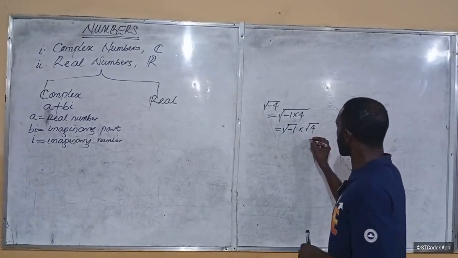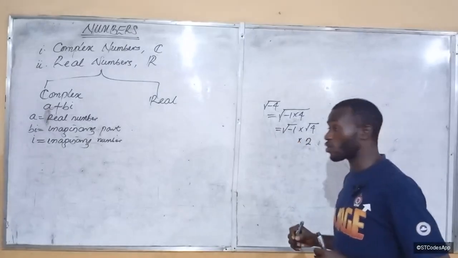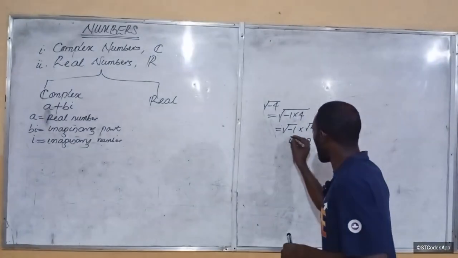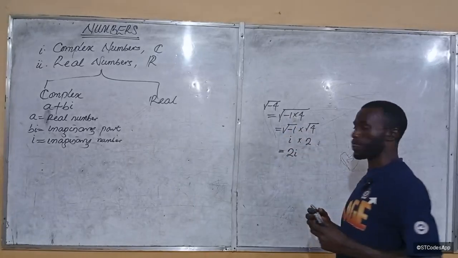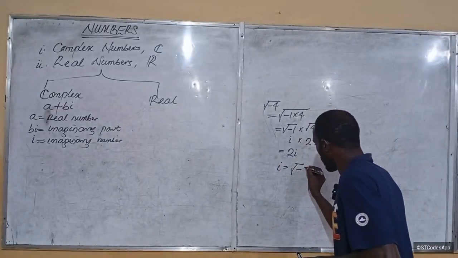I know that the square root of 4 is 2. But the square root of minus 1 does not have a number, it is impossible. So we now call that i. The answer to this question now becomes 2i. Does that make sense? Where i now represents the square root of minus 1.